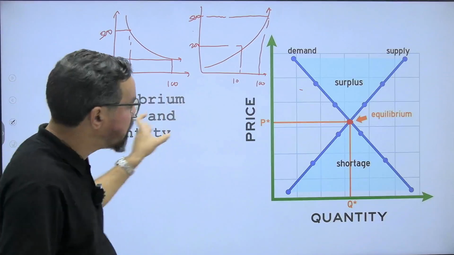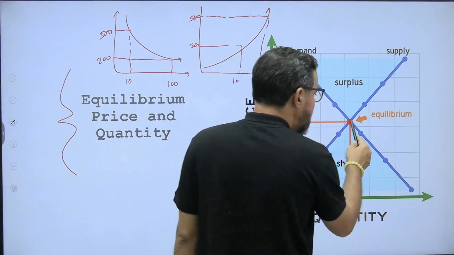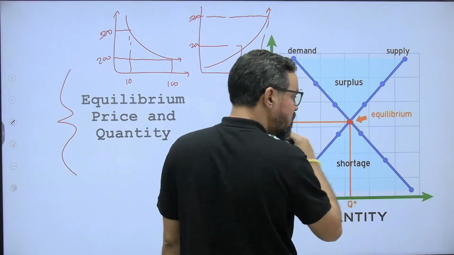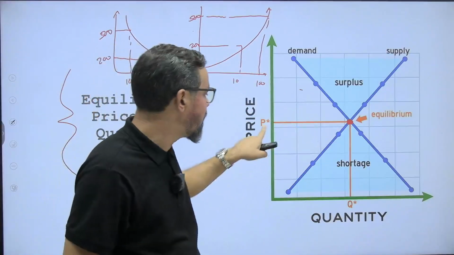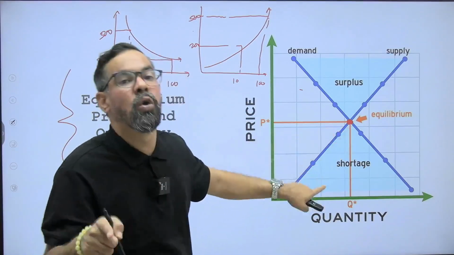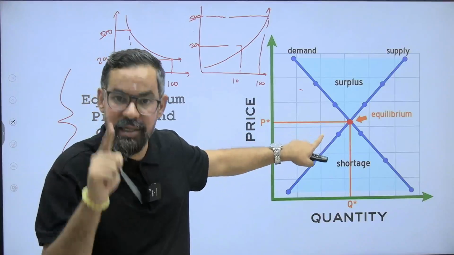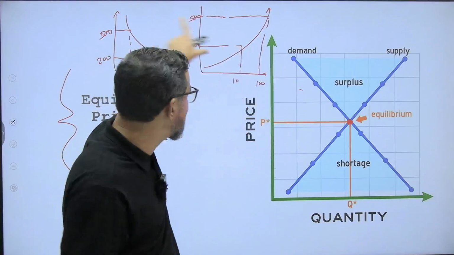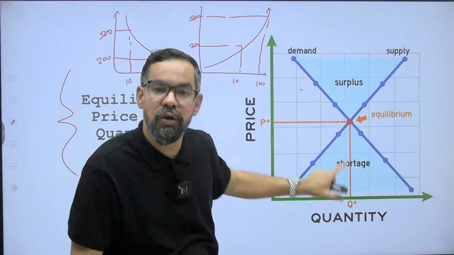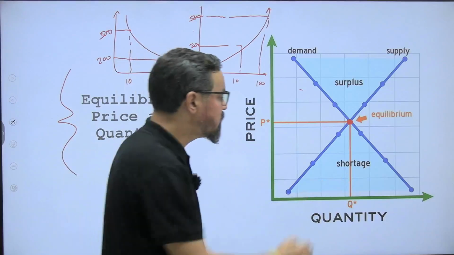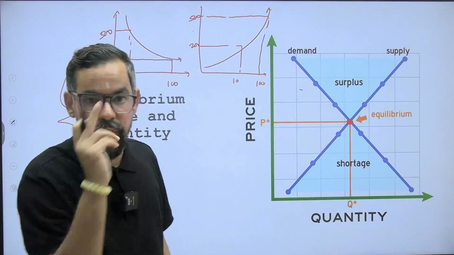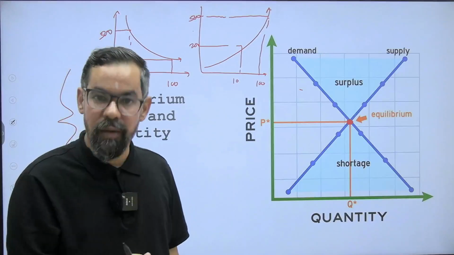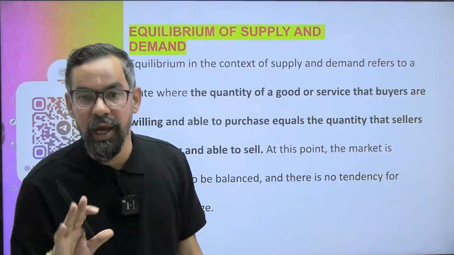The point where buyer and seller meet each other's expectations is where the seller wants to sell the product at this price and the buyer wants to buy the same product at that same price. Where these two agree to buy or sell the same product at the same price in a given time duration, that is known as equilibrium.